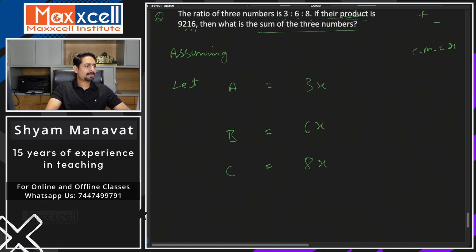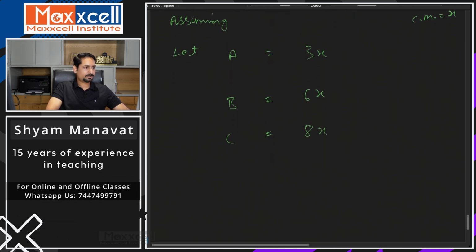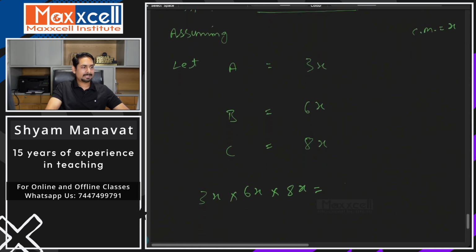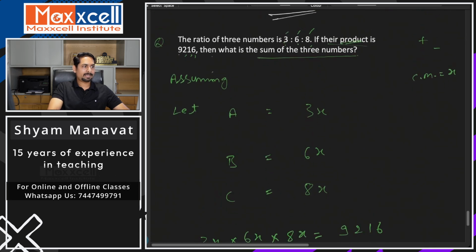Okay. Now product. So for product you will say 3x multiplied by 6x multiplied by 8x equal to, as per the question, 9216. Okay. Keep in mind, what do we need to find out? Sum of all three. Okay.